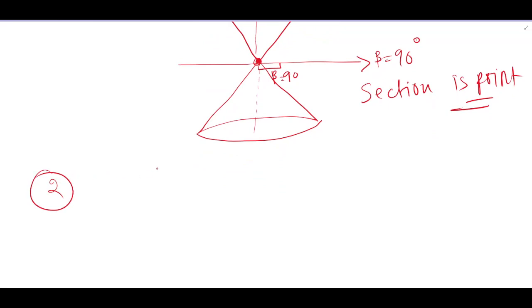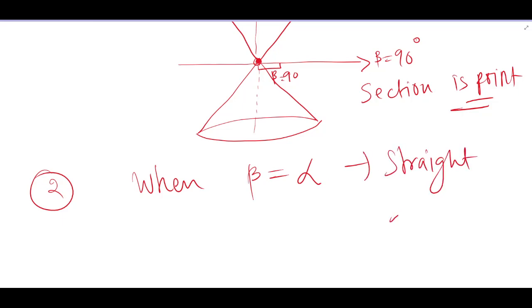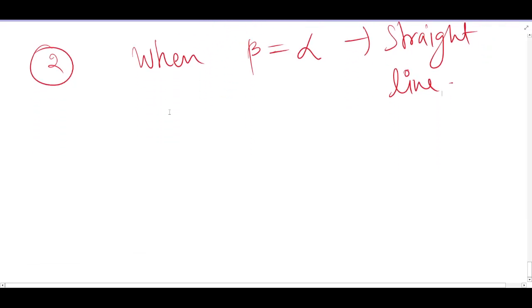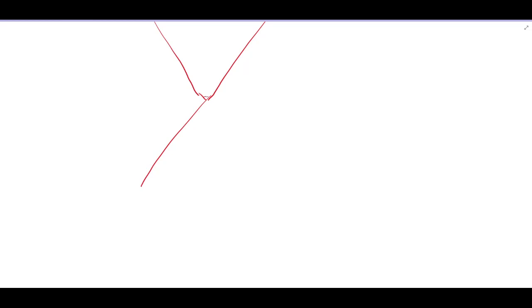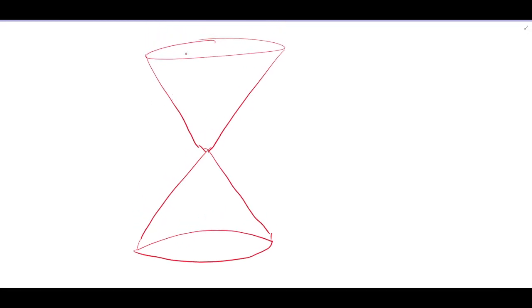Second is, when beta is equal to alpha, then we get a straight line. That is, if this is a cone and this is the vertical axis of the cone and beta is equal to alpha, this is alpha, so the plane will cut along this slant height of the cone.